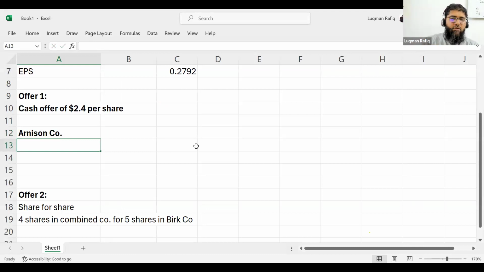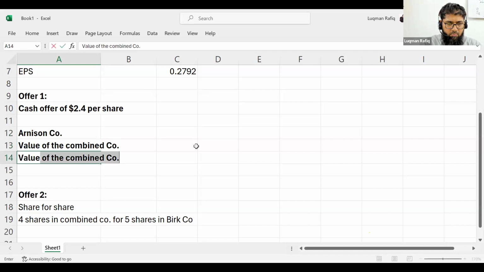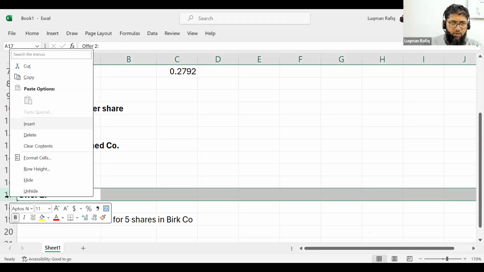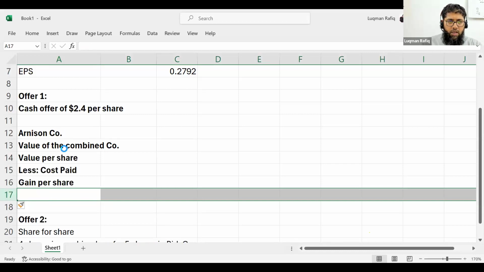I would say the value of the combined company, value per share, less cost paid, gain per share. How would I do these calculations? I would tell you.